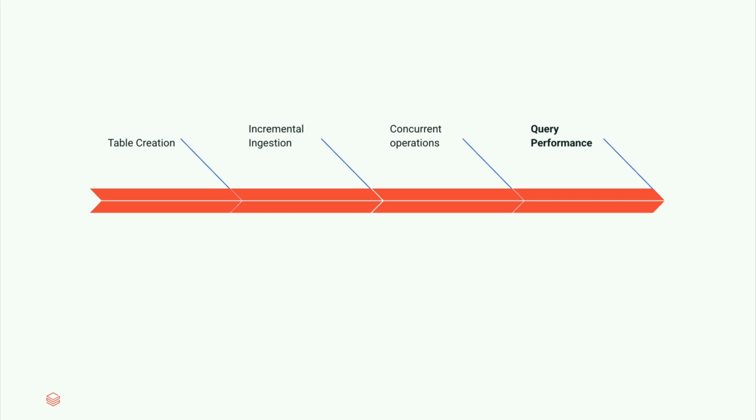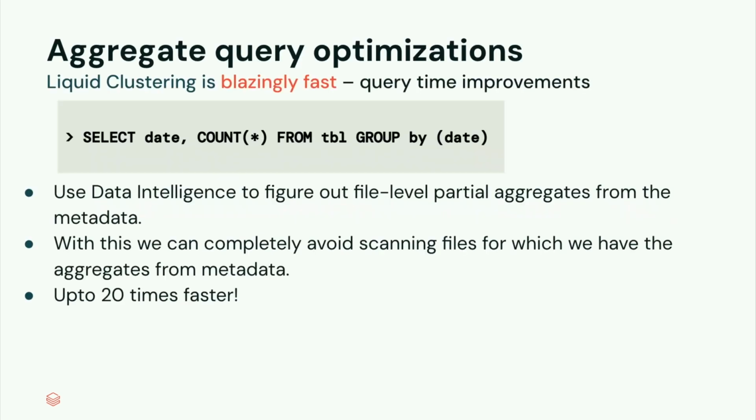Right, so all this time we've been talking about ingesting more data. Well, if you ingest data and don't use it, it's pointless, right? So let's now talk about query performance in liquid clustering. After ingesting a lot of data, you might run a query similar to this: how many records did I ingest for every date?